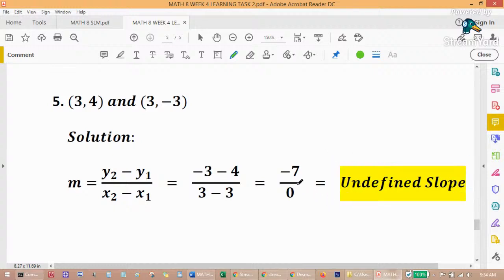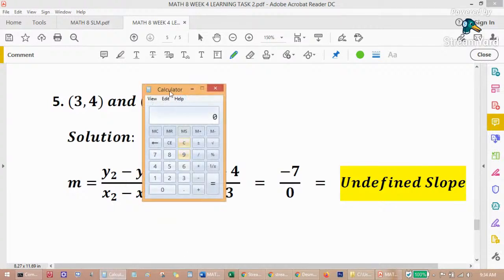Why an undefined slope? Because when you have 0 in the denominator, any number divided by 0 will result in an error. For example, let's say 7, when we divide it by 0, it cannot be divided.